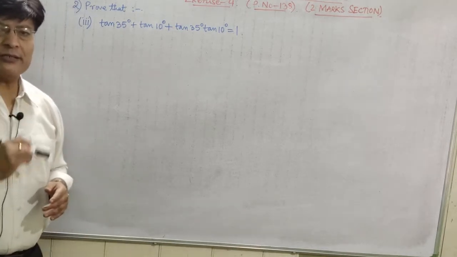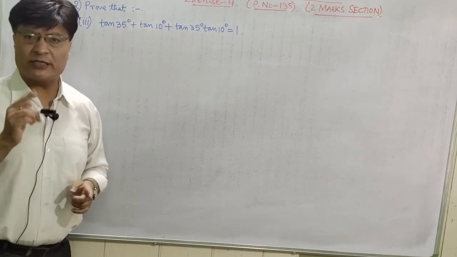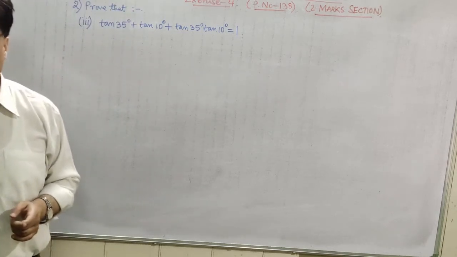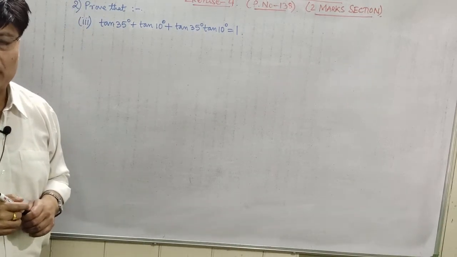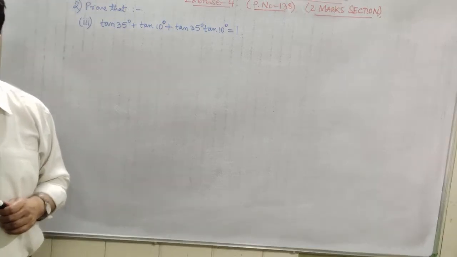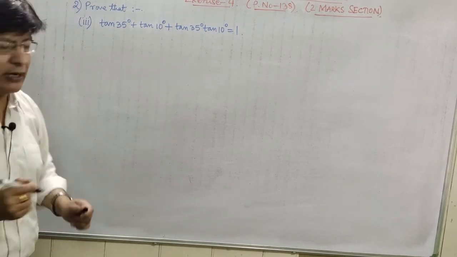Okay? Because in this case, you know that 35 degree plus 10 degree is 45 degrees, isn't it? And you know that the value for tan 45 degree is 1. So from the value of tan 45 degree is equal to 1, from here we can easily prove this LHS is equal to RHS.